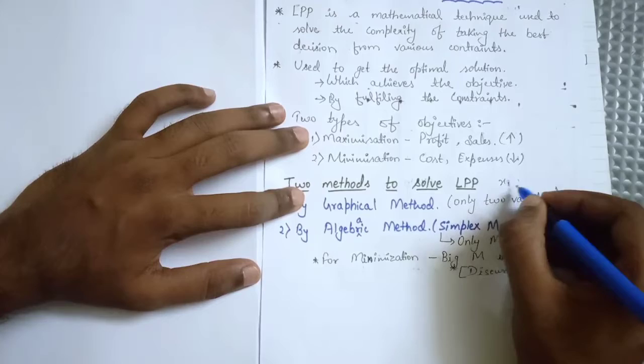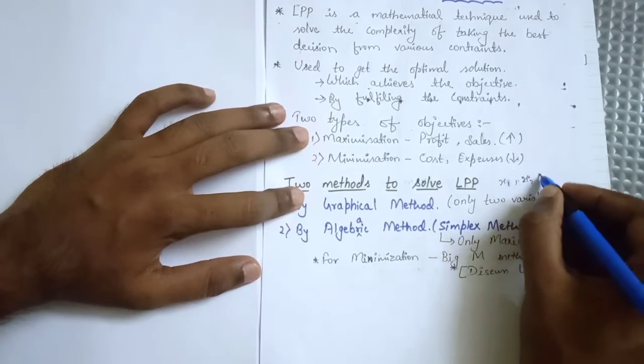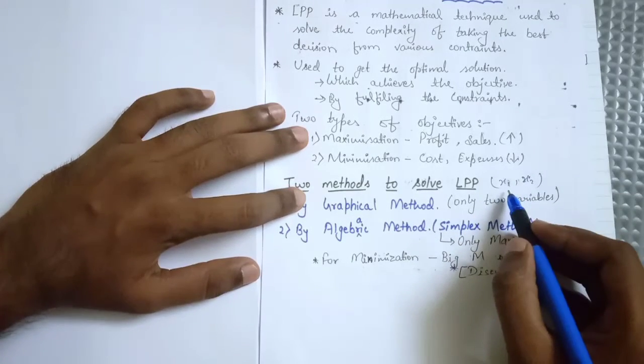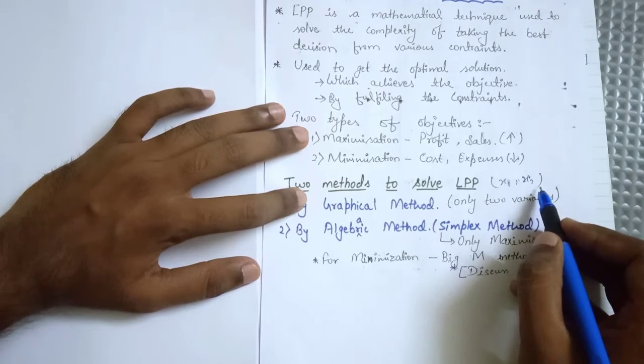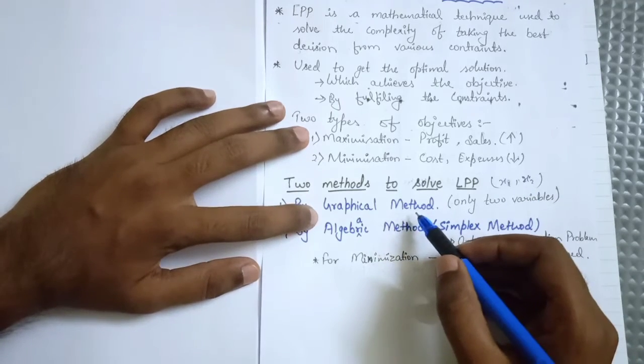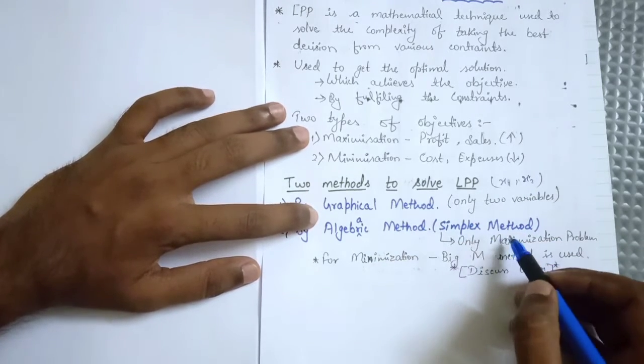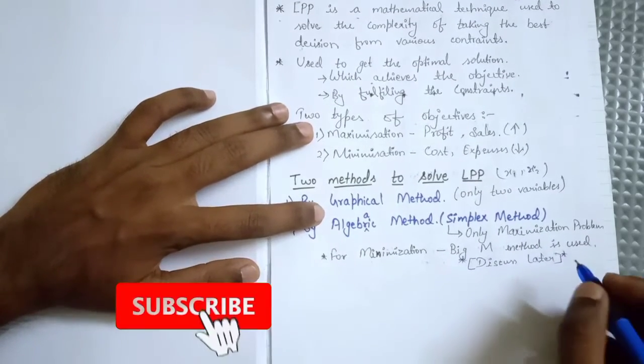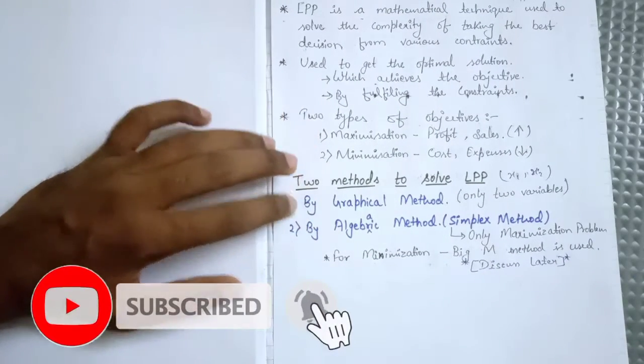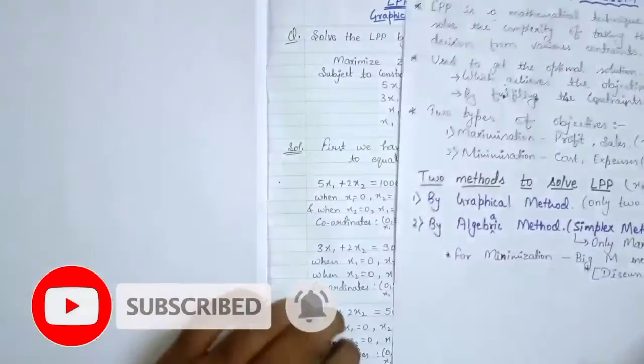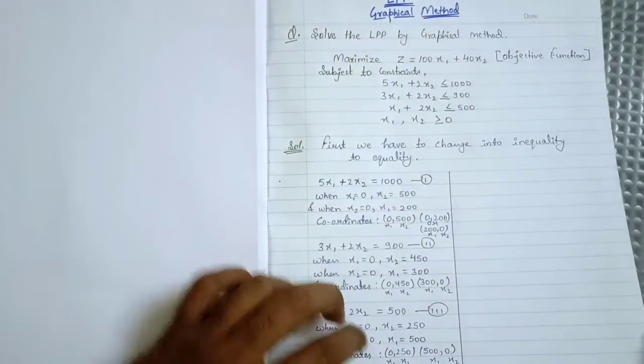Only then can we use the graphical method. Otherwise we use the simplex method or duality. We will study that further. Today we are going to start the graphical method.